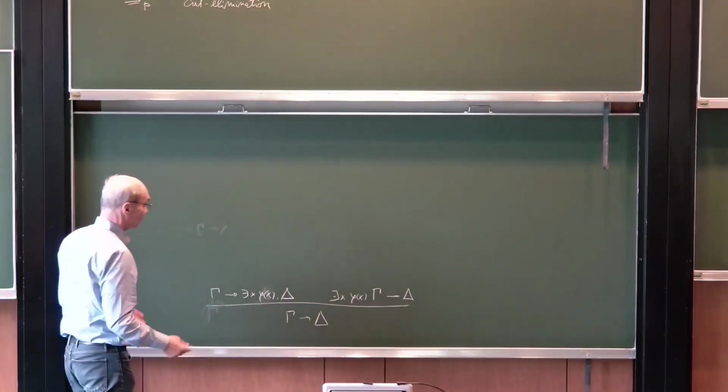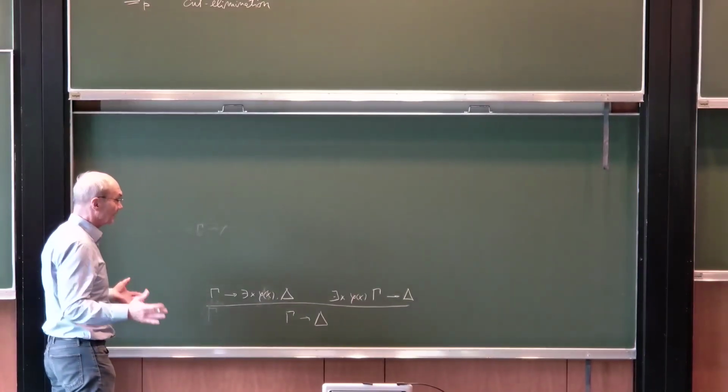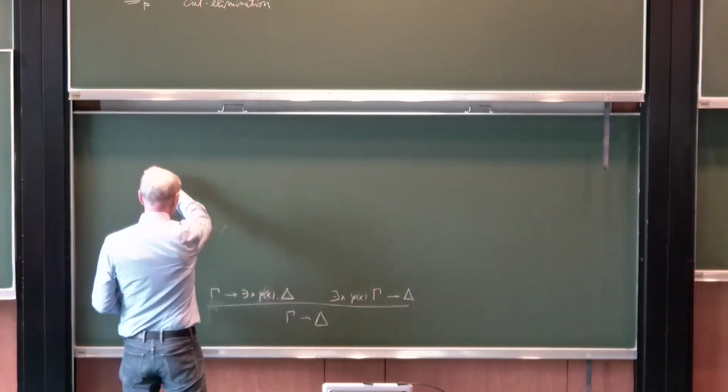And we assume that we already transformed this dag-like proof into a tree-like proof.